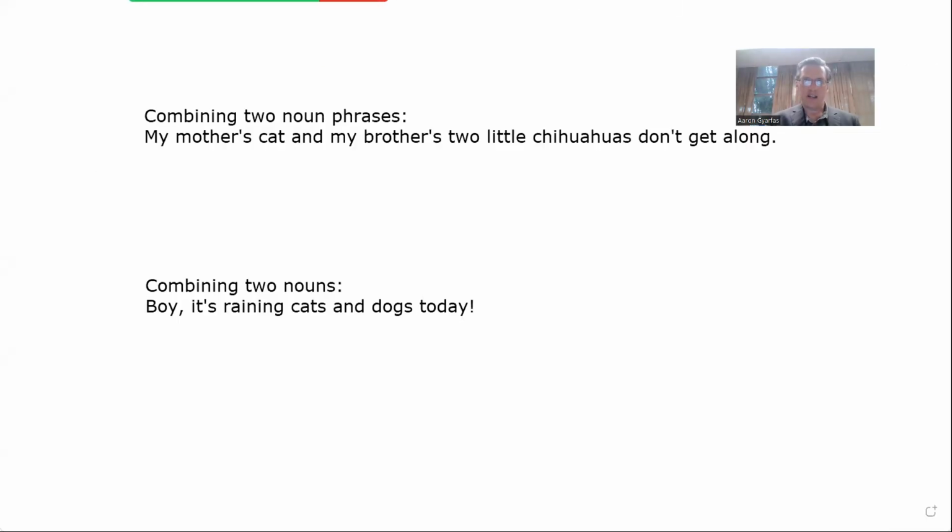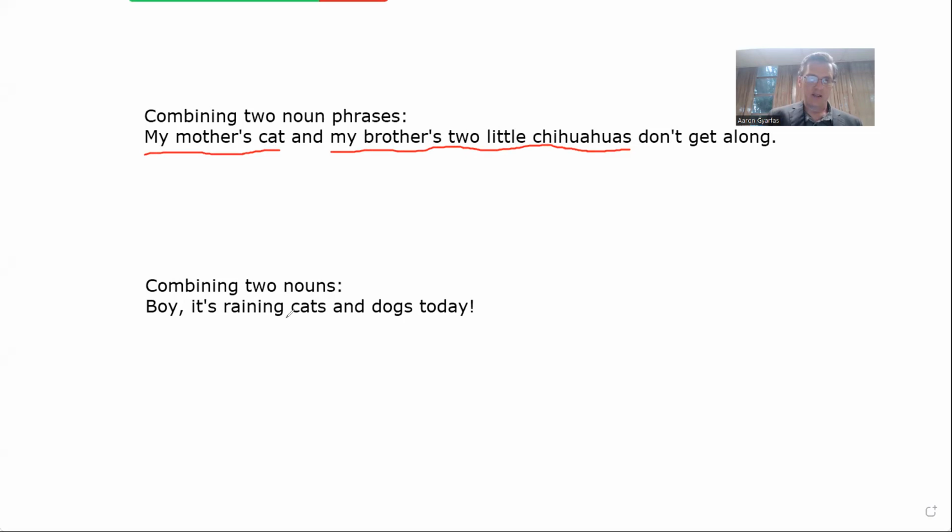Okay, here's a couple of examples that I came up with. The first one, combining two noun phrases. My mother's cat. We've got a possessive noun. My brother's two little chihuahuas. A possessive pronoun, a number, an adjective, a noun. Two noun phrases. Notice these two noun phrases are in the subject of the sentence.